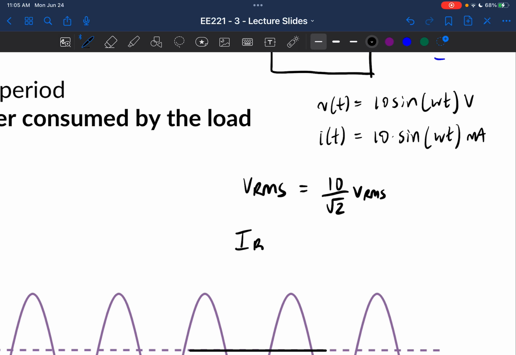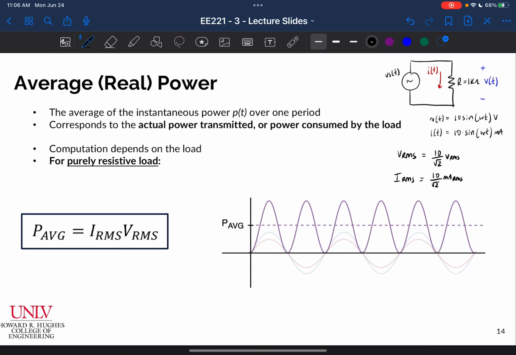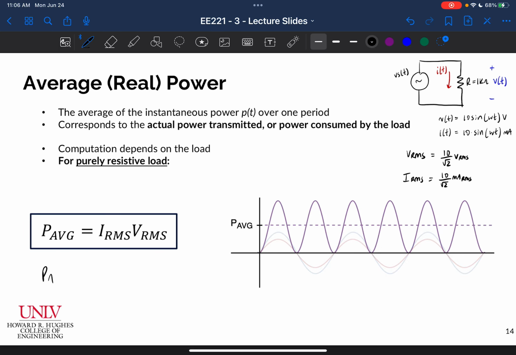For current, it's going to be the same thing. It's going to be 10 divided by the square root of 2, but in this case, milliamps RMS. And so when we go to find our average power, we can just say that our average power is 10 divided by the square root of 2 volts RMS times 10 divided by the square root of 2 milliamps RMS.